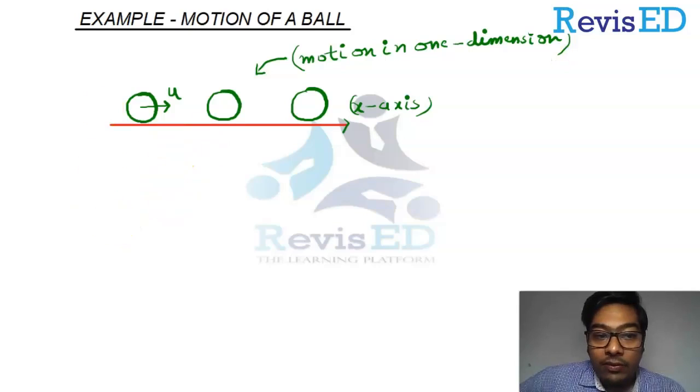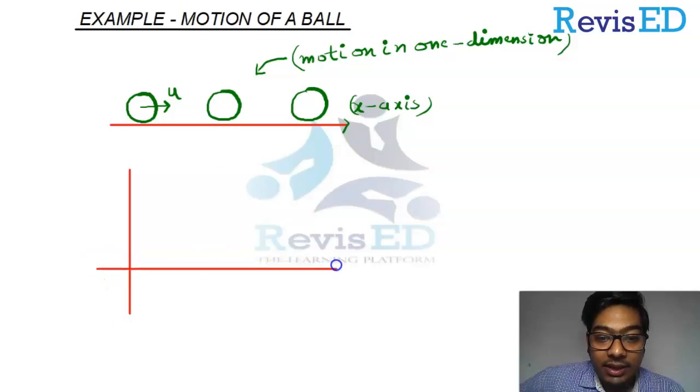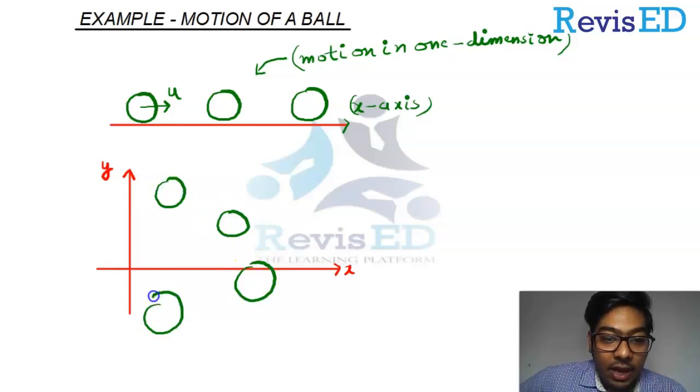So now let's take another example. Let us take the coordinate axes. Let me take the y-axis and the x-axis as well. This is my x, this is my y. Let us now draw the different positions of the ball. Suppose my ball is moving like this across the plane.